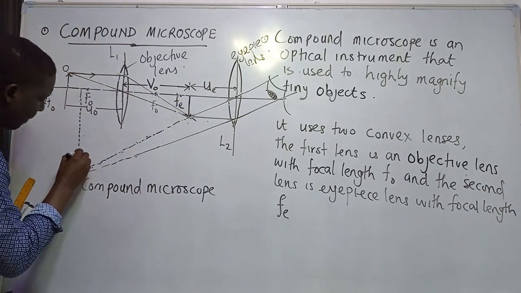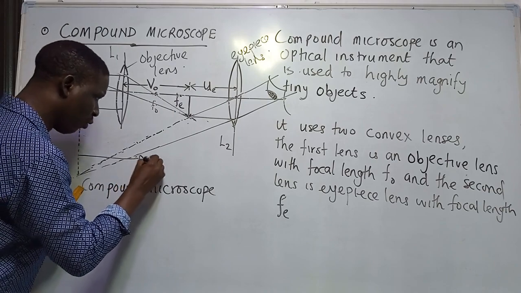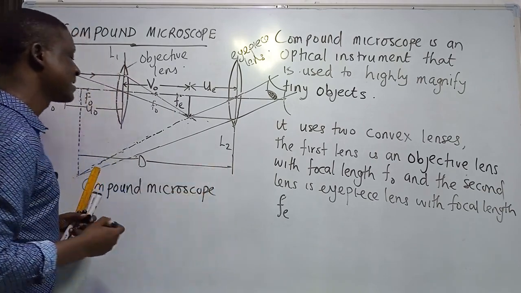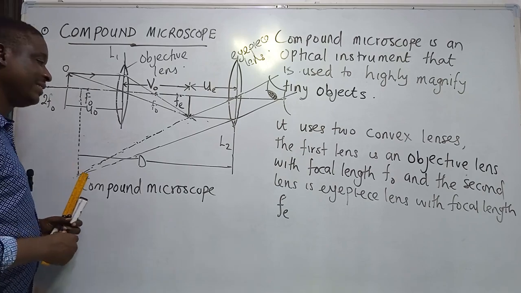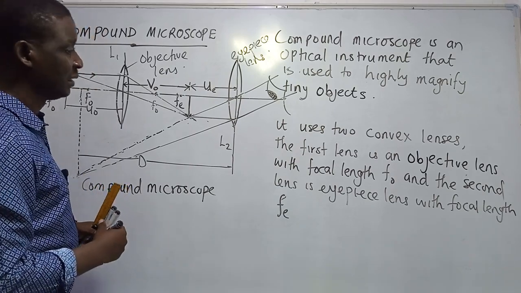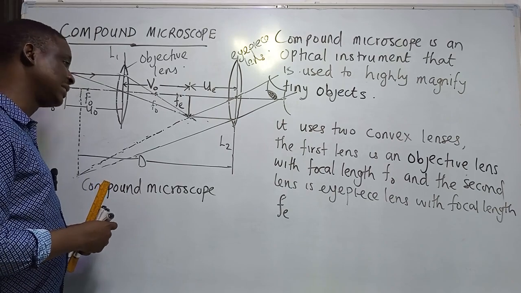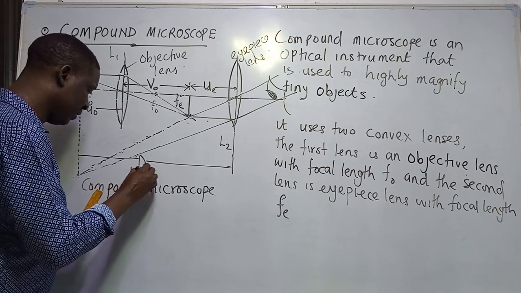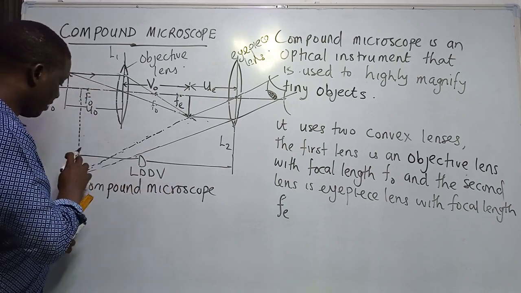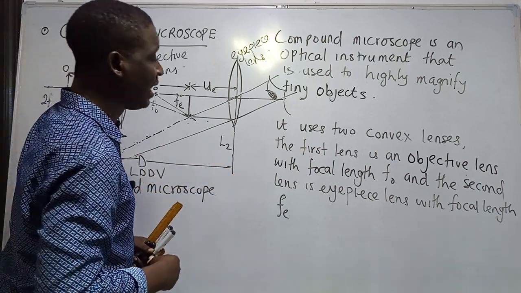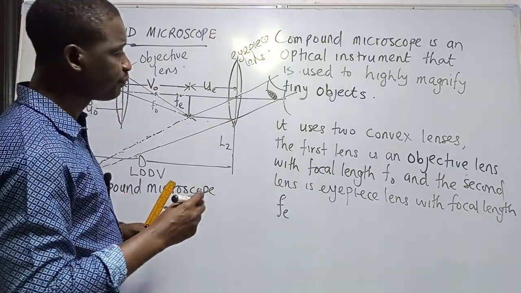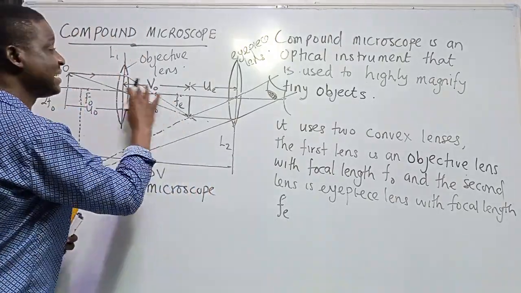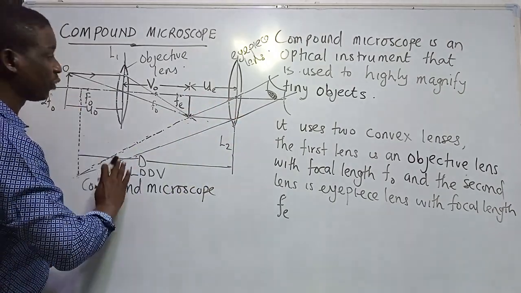Then from here to this place is what we call the least distance of distinct vision, LDDV. So from here to this place is LDDV.